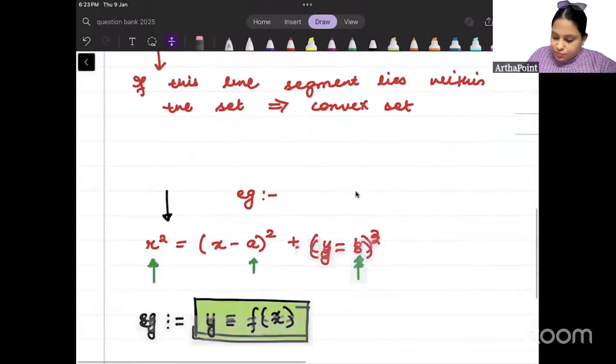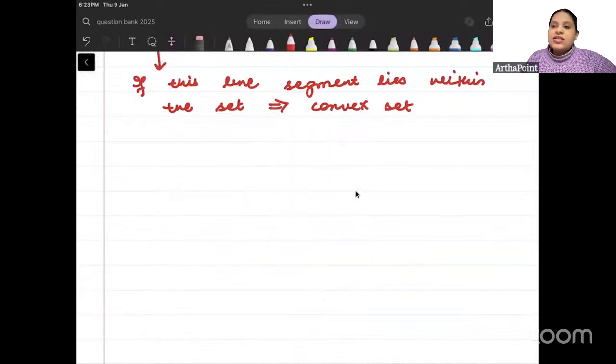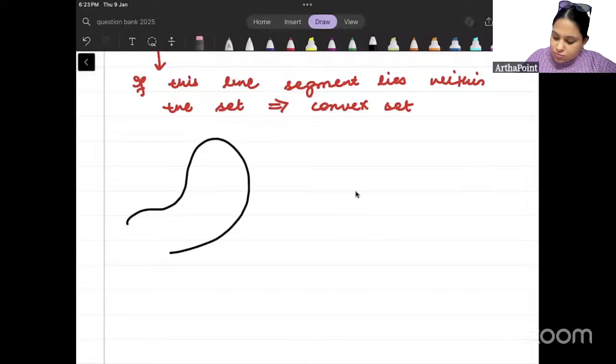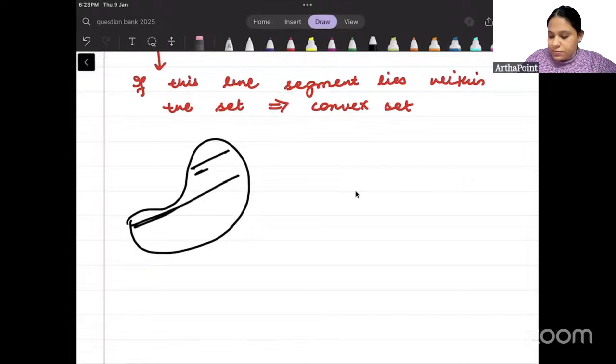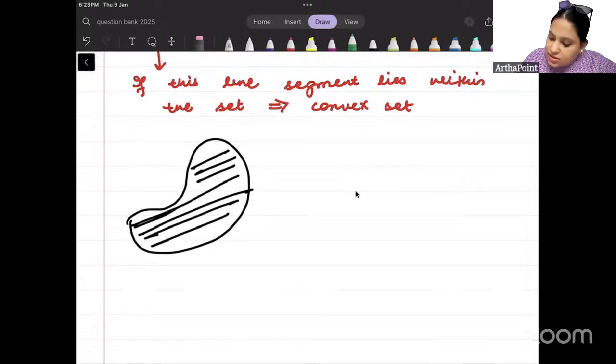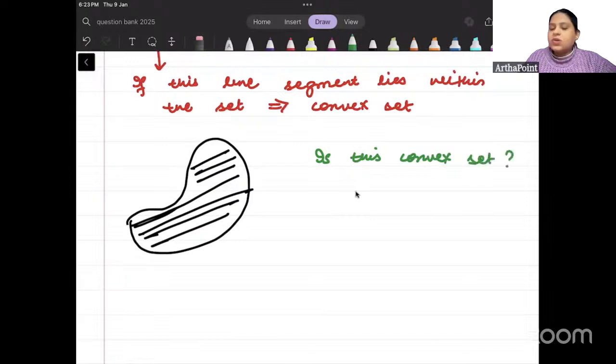Now, consider this. This is the diagram that I have, and I'm asking, is this a convex set? Right?